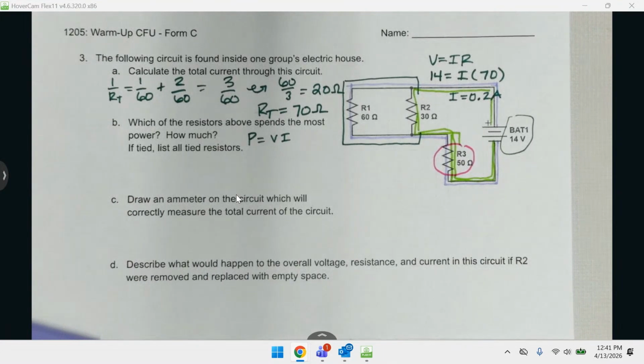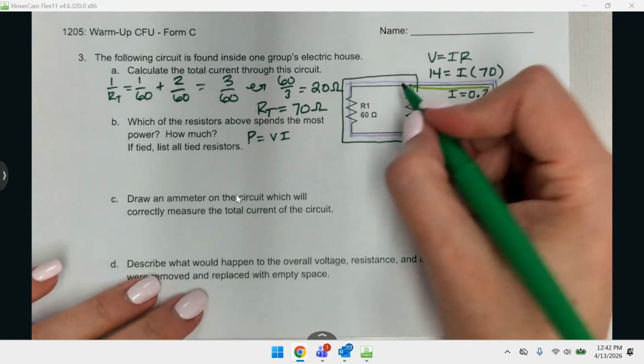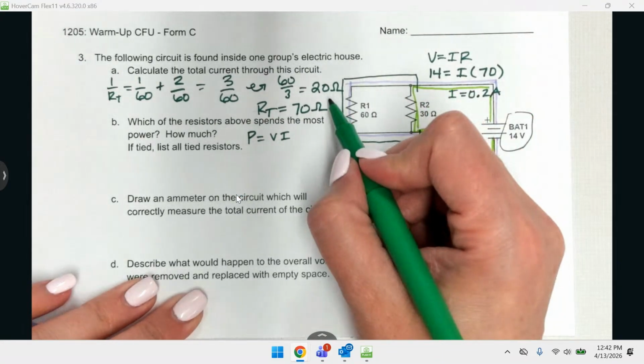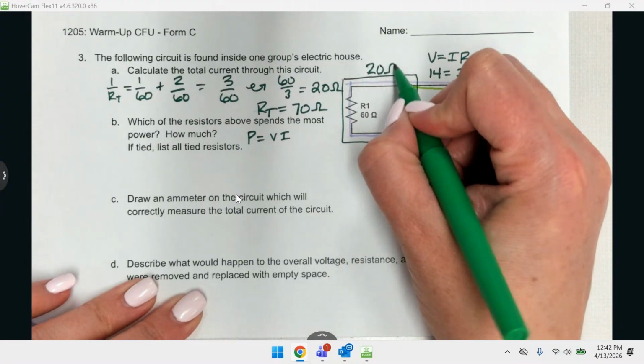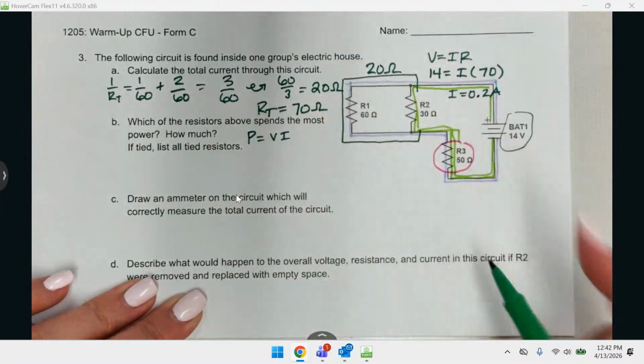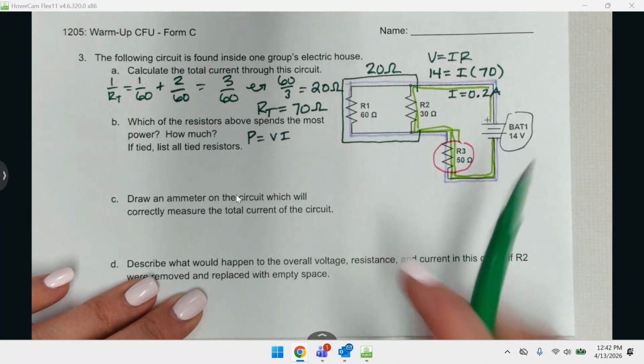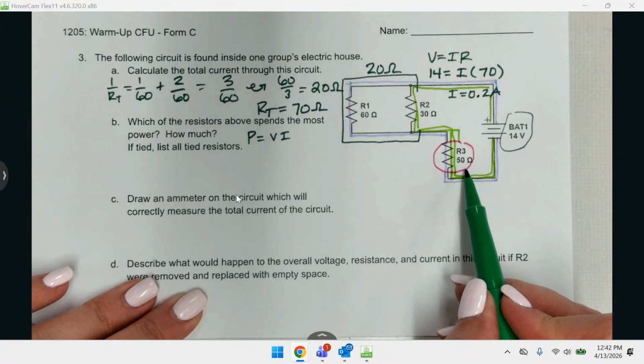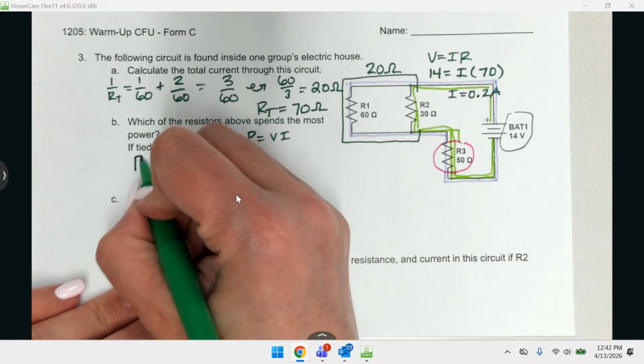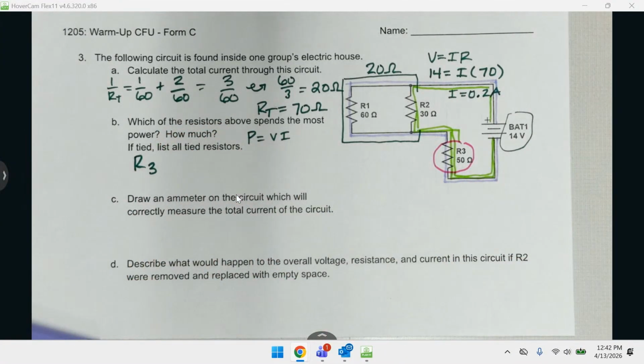If that also happens to have the most voltage drop, then it's also going to have the most power. This whole parallel section, we already found earlier to have a 20 ohm resistance. That was this calculation right here. So we're comparing 20 ohms versus 50 ohms. You will get a bigger voltage drop when you have more resistance. So R3 is the answer. I don't have to actually solve the math to know that. R3 will have the most power because it has both the most current and the largest voltage drop.